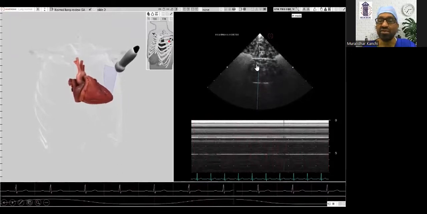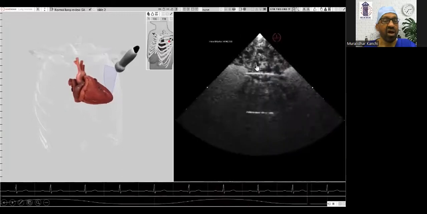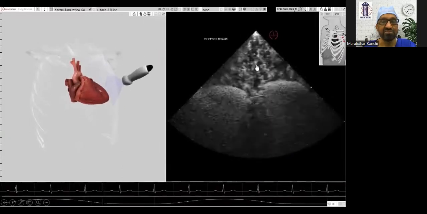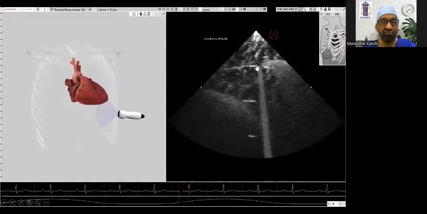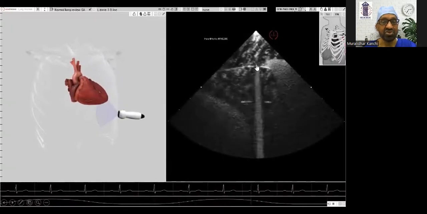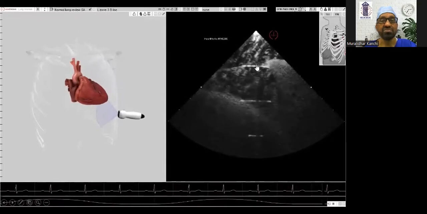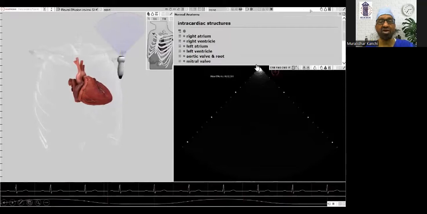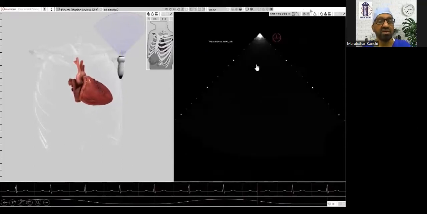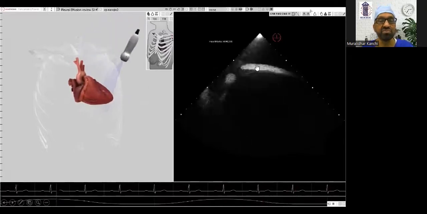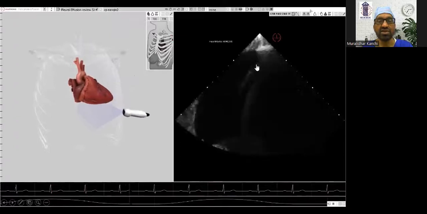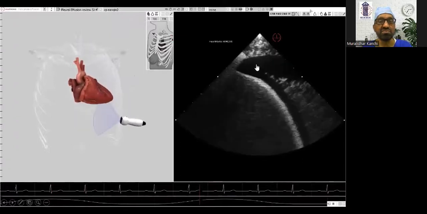By moving the probe to the lateral chest, we can look at the diaphragmatic contractility and thickening of the diaphragm during inspiration, which is an important component of the assessment of diaphragmatic function. In this model, the operator is simulating a pleural effusion, as is shown in this picture.